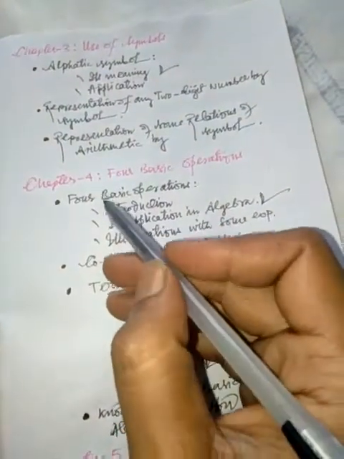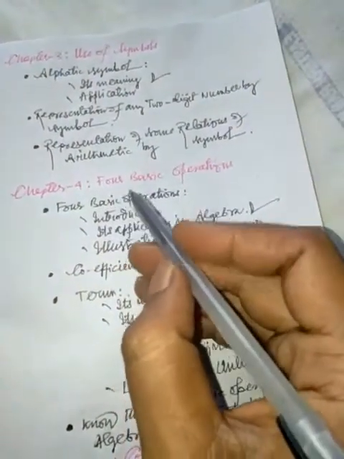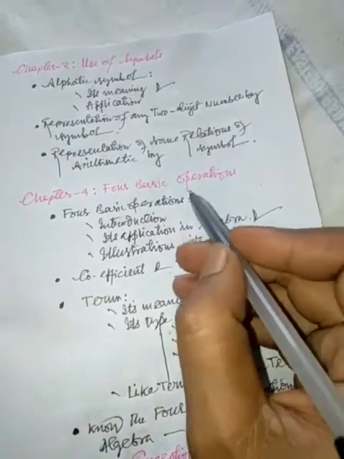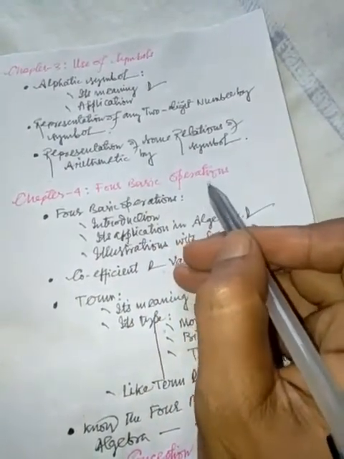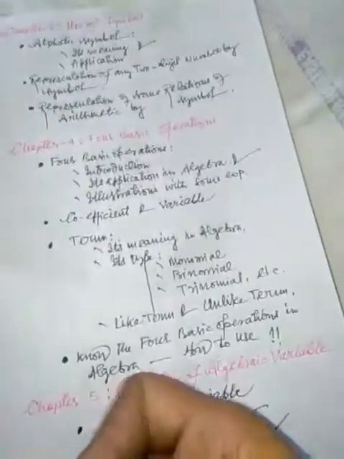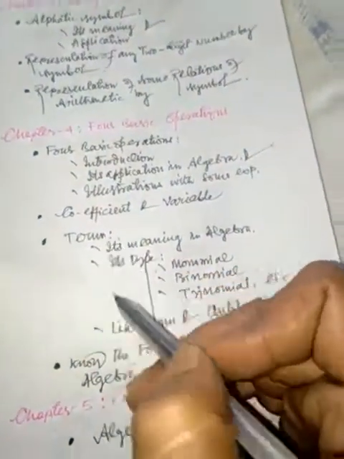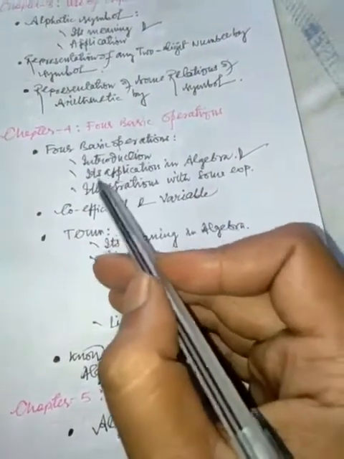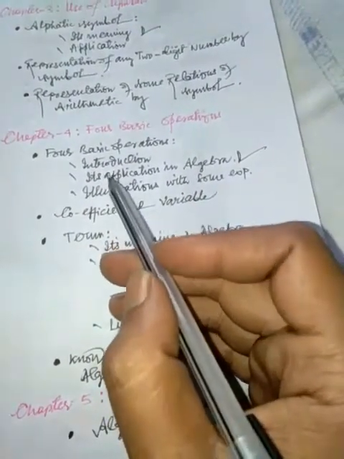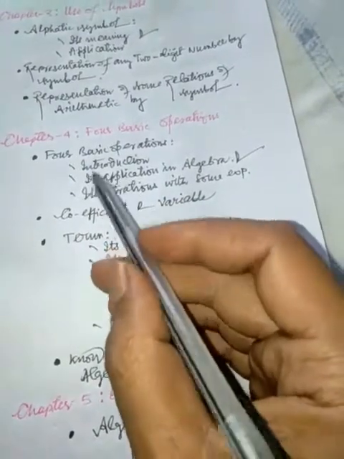Chapter number 4 is the 4 basic operations, or using the 4 rules of basic operations of math in algebra. Through this chapter we will learn what the 4 basic operations are and how they can be used.